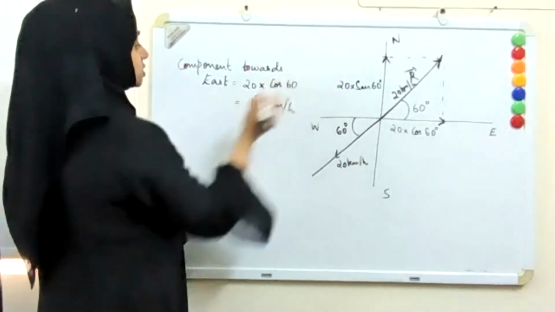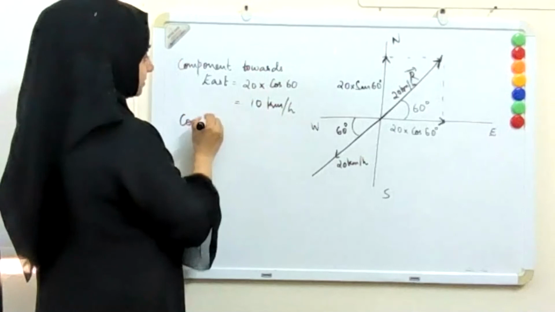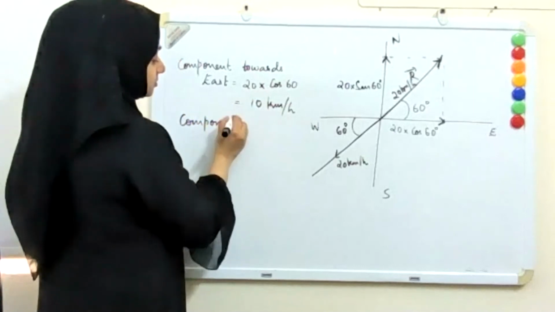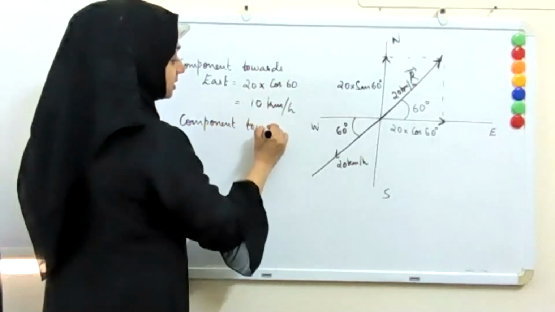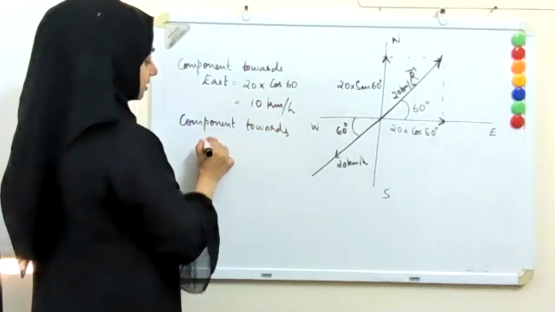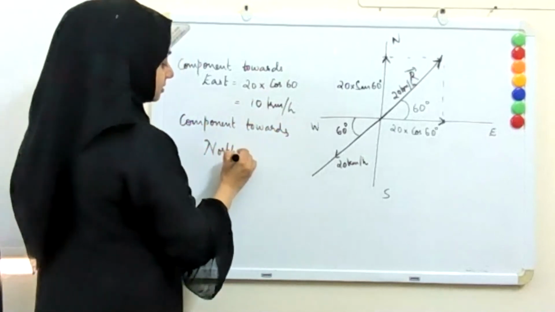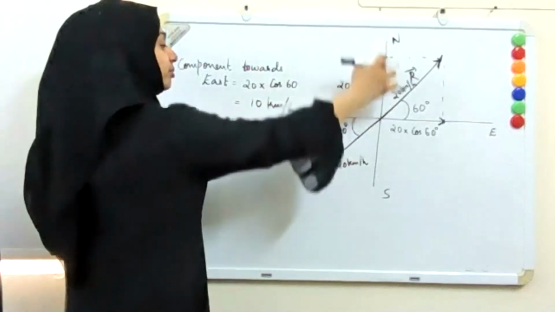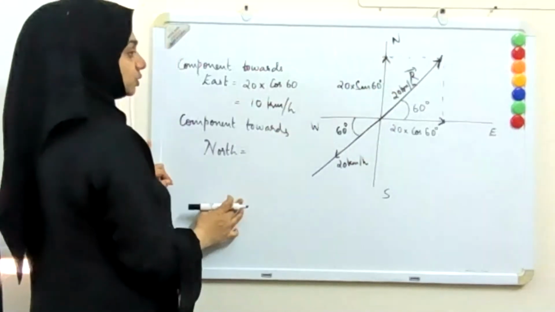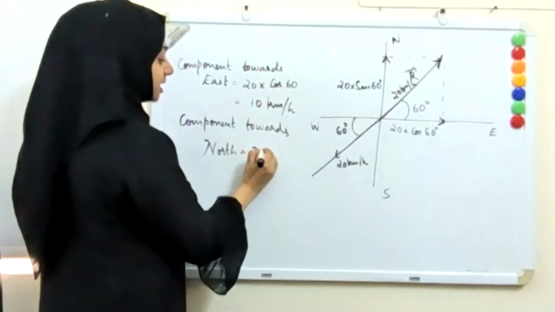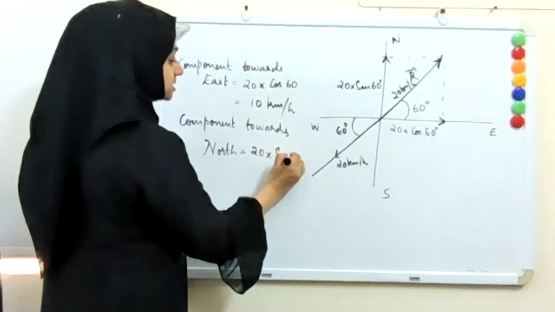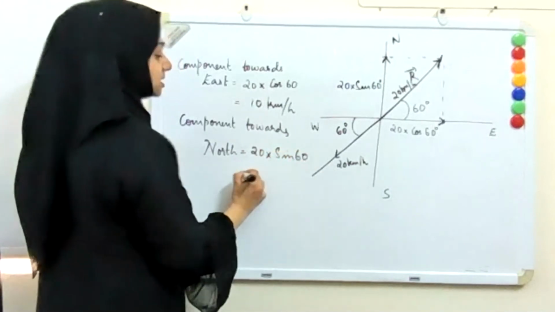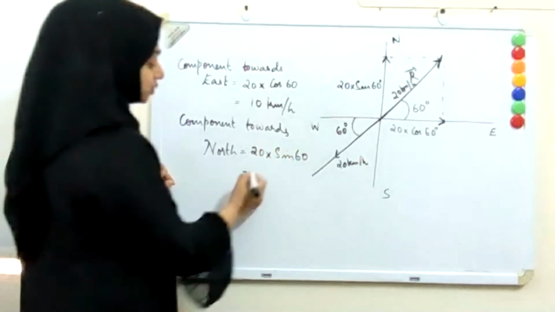So what will be this one, component towards north? The component towards north is equal to 20 times sine 60. Sine 60 is root 3 by 2.